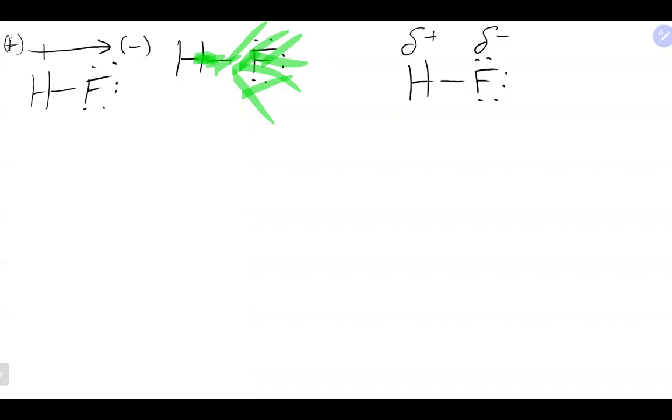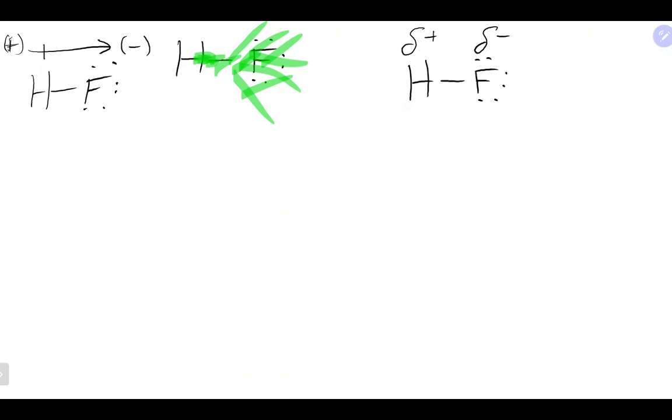Why are they only partially positive and partially negative and not like a full positive charge and a full negative charge like we see in ionic compounds? The answer is they are still being shared. So even though they are not being shared equally, they haven't fully transferred from one to the next. Like the hydrogen is barely hanging on, but he's still hanging on to them.